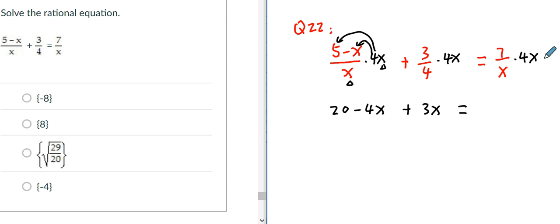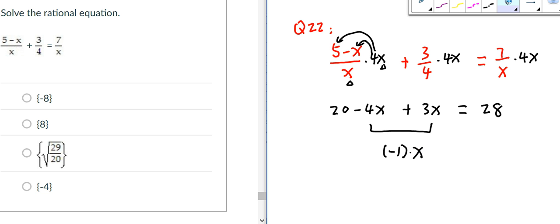And here, x cancelled, 4 times 7, so you then have a 28. Okay, that's a very important step. Look. Negative 4 plus 3 is negative 1.